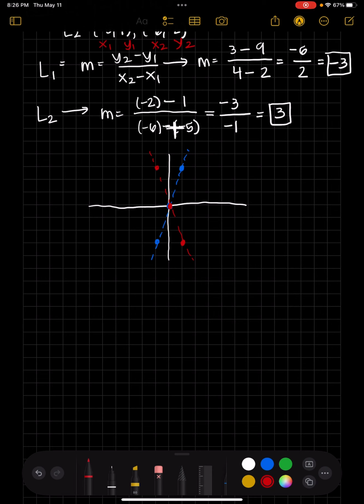So because these two do not have the same slope, and we also know that they don't have negative reciprocal slopes, my answer in this case would be neither, that they have neither parallel nor perpendicular slope.